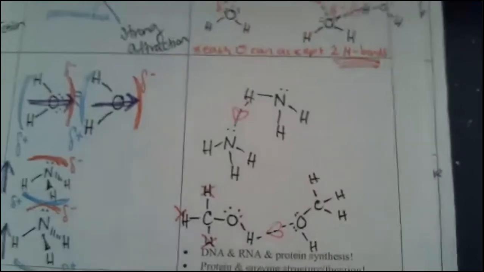All right, so here is a picture that's super cool. Like I said, hydrogen bonding is the most important intermolecular force because it holds together so many things, such as your very DNA.